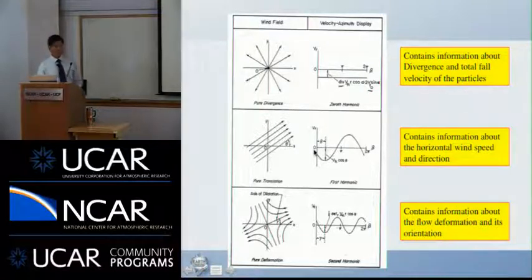For wave number 1, if you do the Fourier decomposition of the radial velocity along a constant VAD ring, wave number 1 has a signature like this. This curve represents the translation component of the wind field, including the direction and the speed. And the wave number 2 component consists of the deformation information.